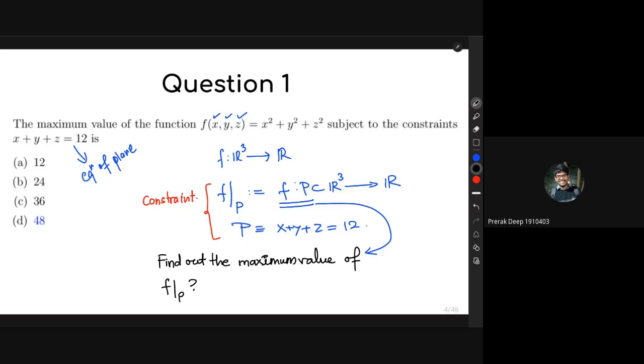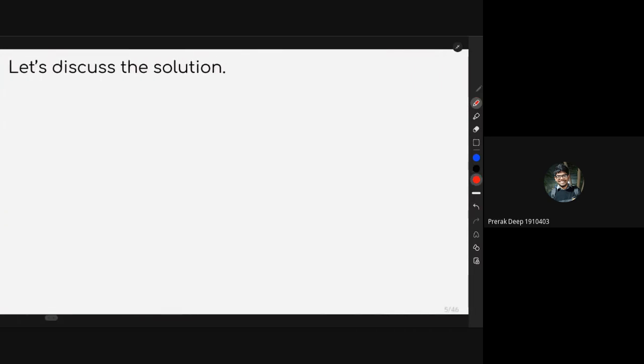When there is a multivariable function given, when there is a constraint given, and you need to find some extreme value, which is maximum or minimum, these questions can be solved by the Lagrange multiplier method.